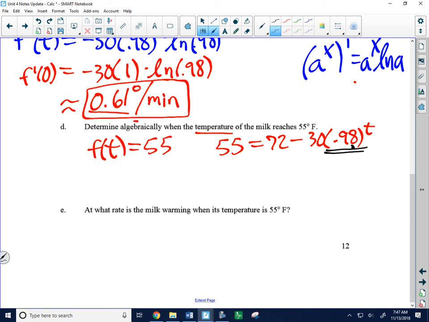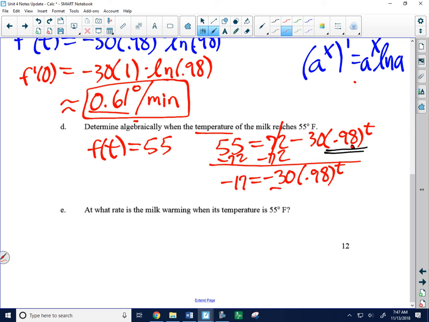Do not do 72 minus 30. That's a common mistake. The 30 is times the 0.98 to the t, so order of operations says you cannot combine those. But I can subtract 72, get negative 17 equals negative 30 times 0.98 to the t.